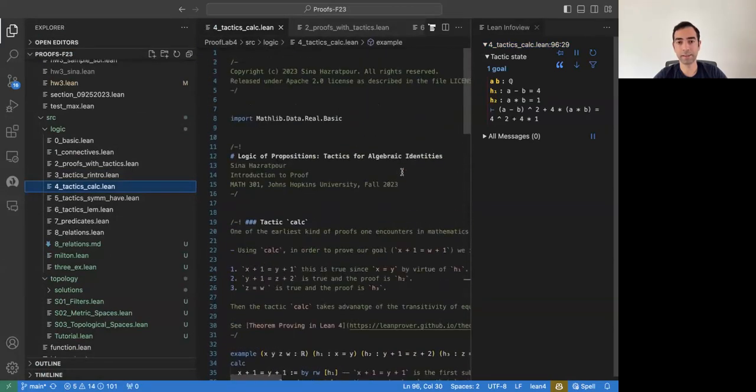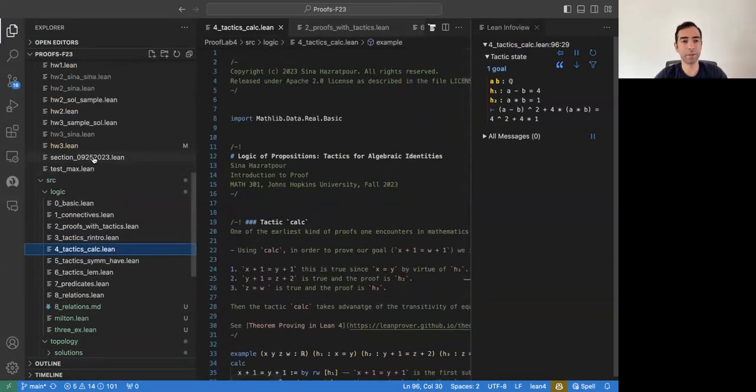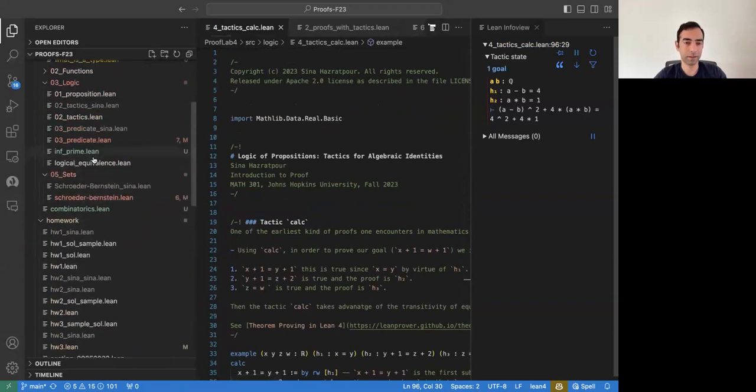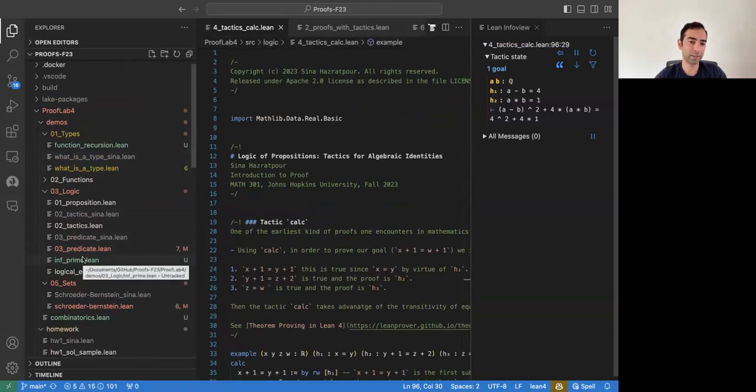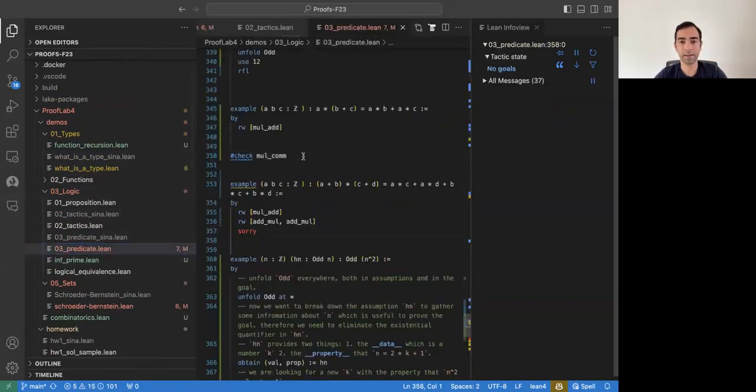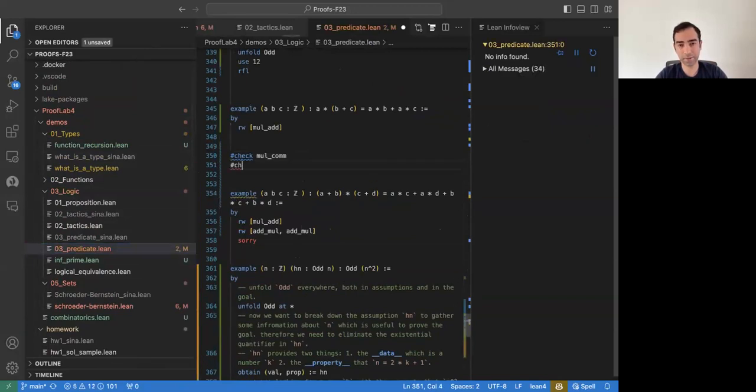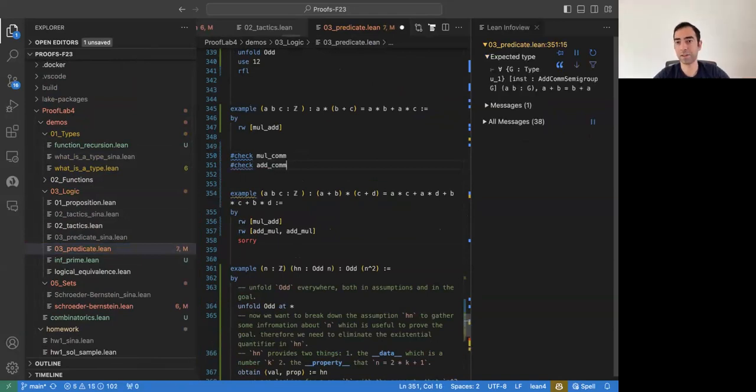So it's good to look at these things and be familiar with which lemmas are most useful. And once you learn that there is mul_comm, then you can guess yourself that there must be something like add_comm, because addition is also commutative. So you can guess certain things, but that only gets you so far.